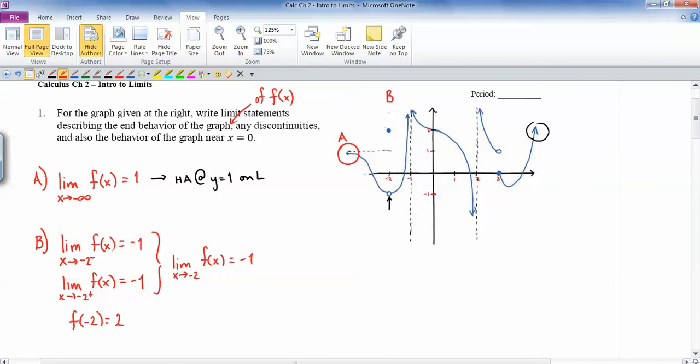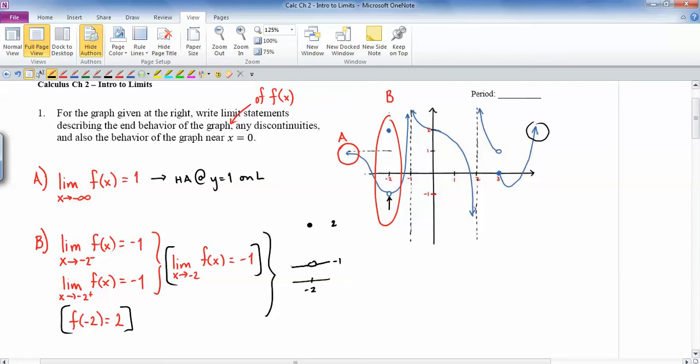One piece of information that you can get from the limit statements that go with B, if all I did was give you this and this, then you can figure out a little bit about the picture. You can figure out that when you're getting close to -2 and you're coming at it from either side, the y value is close to -1. And at -2, the y value is actually 2.